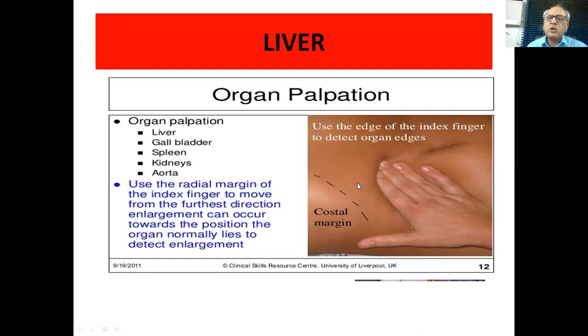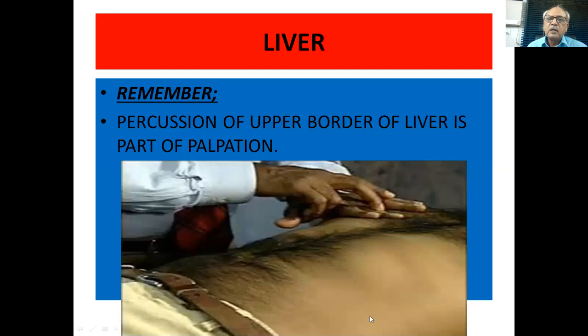Remember that your eyes must be fixed on the face of your patient, and when you reach the lower margin of the liver, you mark it and then percuss the upper margin of the liver. The percussion of the upper margin of the liver and palpation of the lower margin of the liver are part and parcel of the palpation of the liver.